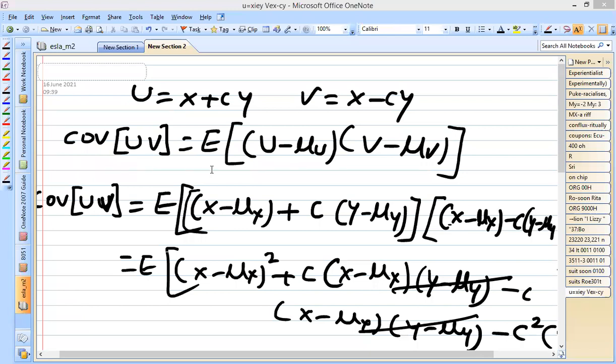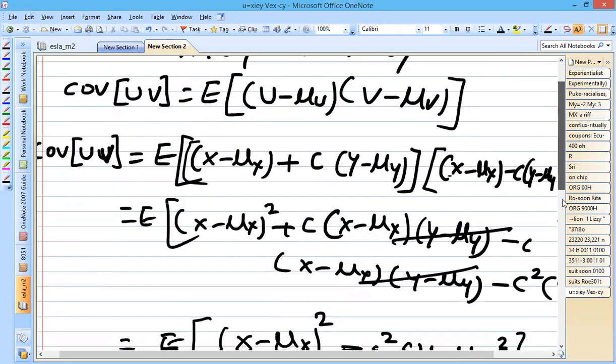That is obtained by taking the expectation of u minus mu u into v minus mu v. In the next step, you are going to substitute u minus mu u as x minus mu x plus c into y minus mu y, and similarly v minus mu v is replaced as x minus mu x minus c into y minus mu y. In the next step, you multiply the terms.